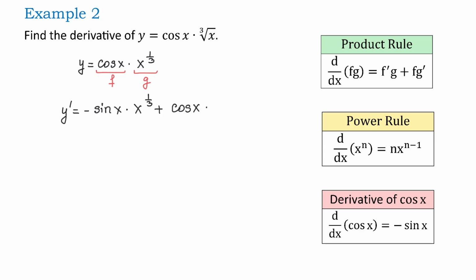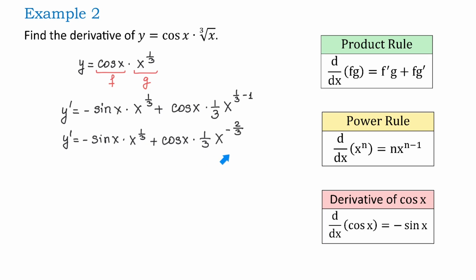According to the power rule, we will move the exponent in front and decrease the exponent by 1. So 1/3 minus 1. Then y prime equals negative sine of x times x to the 1/3 plus cosine of x times 1/3 x to the negative 2/3.